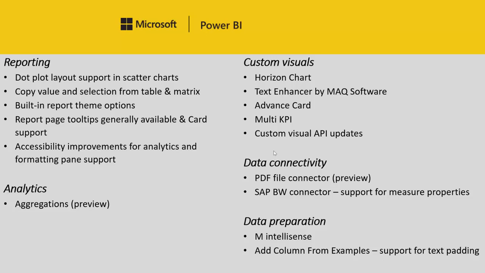If it was a double digit like 50, it would read 050, and 100 would not get any zeros because it's already 3 digits. That's text padding, and you can now do that through the add column from examples feature. Of course, you can mix that with all of the other great examples we support in the add column from examples feature, so you can mix and match all in one new column.